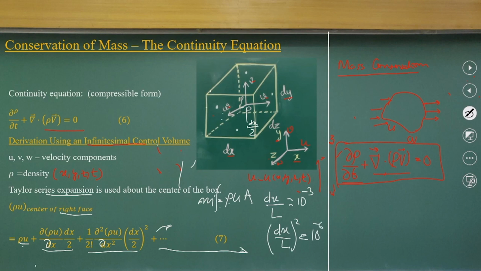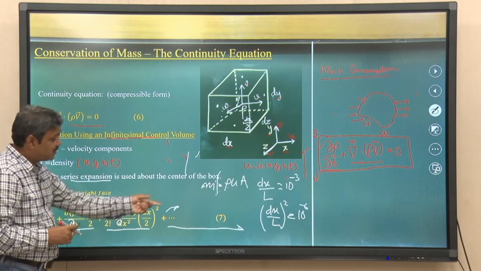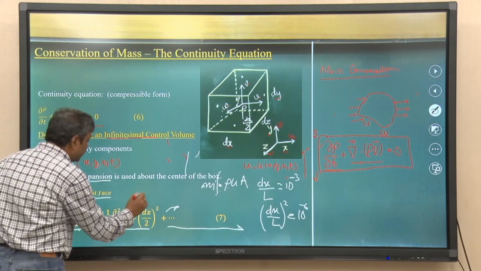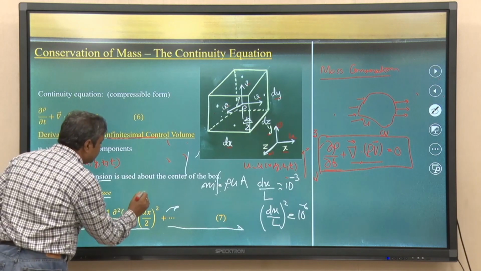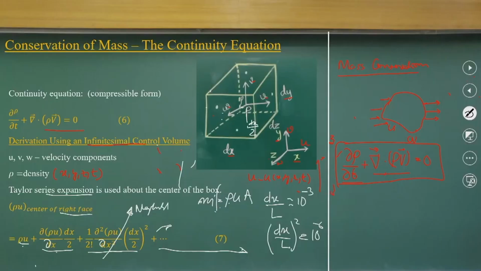So, if you look at these terms, the first component, second component, third component, the higher terms become negligible, because as I explained with the characteristic length, when you square it, it becomes a neglected component.